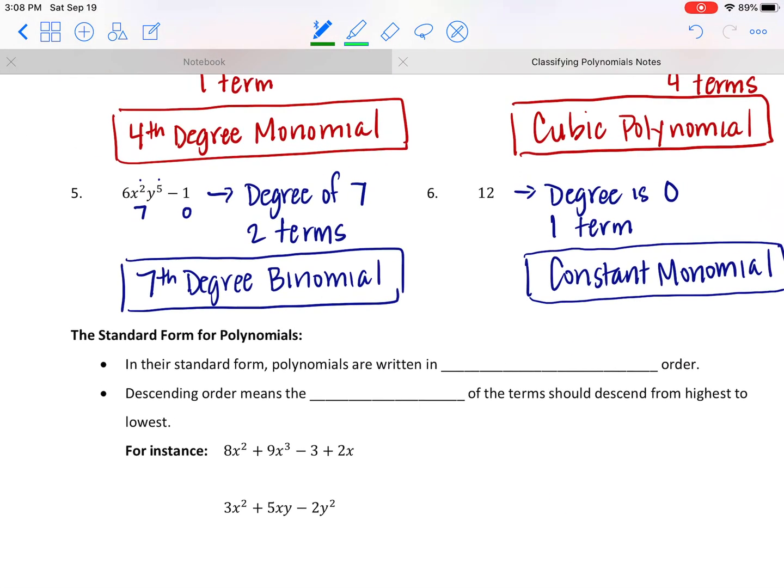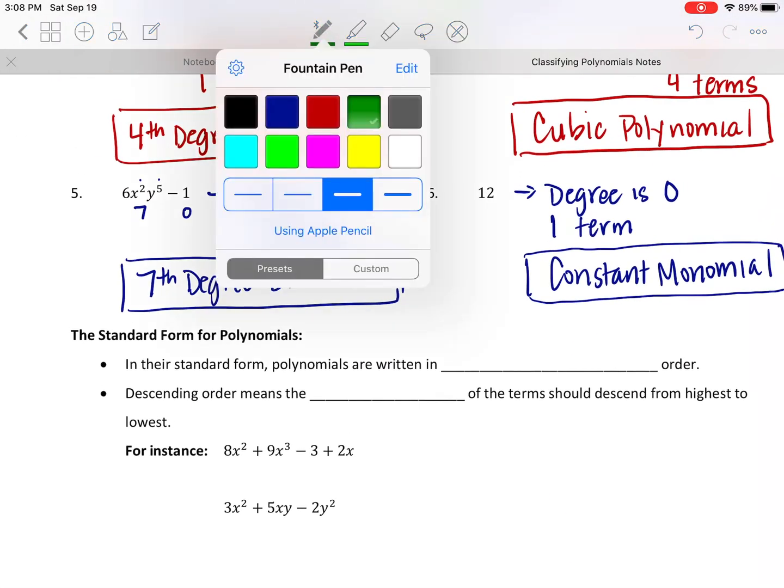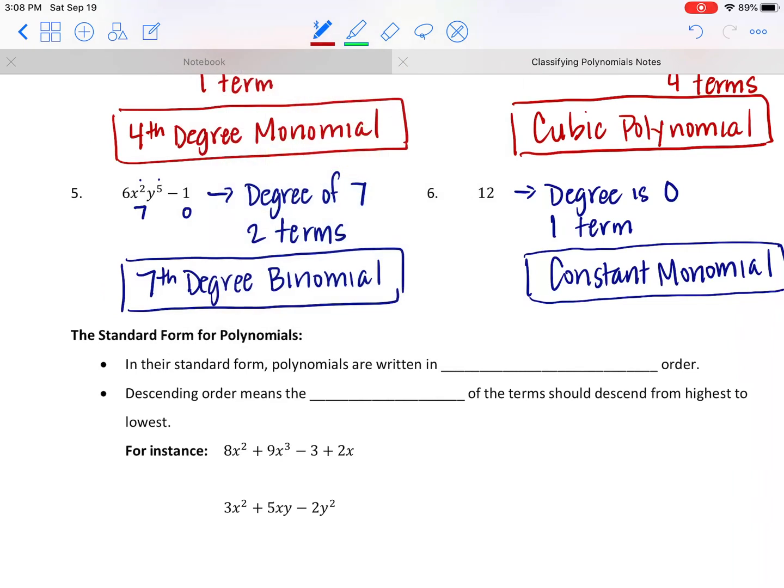Just because, again, I will be using this vocabulary, and it's nice for it to ring a bell when I say something, right? Okay, so the last little piece here is that when we are looking at a polynomial, we typically want them to be in what we call standard form. And in their standard form, polynomials are written in what we call descending order.